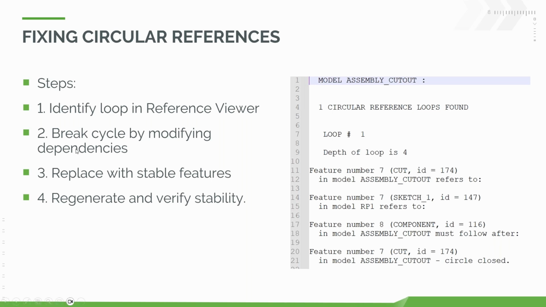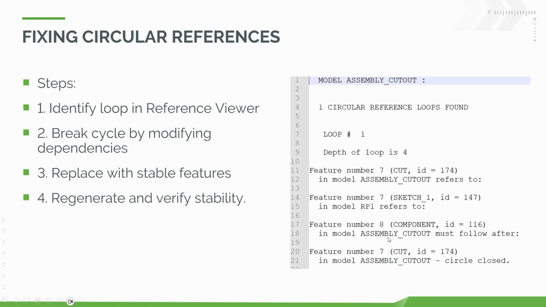Yeah, look, it does say here replace with stable features. So if you figure out that you don't know what to do, a realistic option here would be to try and delete either this feature or this feature, or any of them really, and see what happens if you do that, and then add something back in.